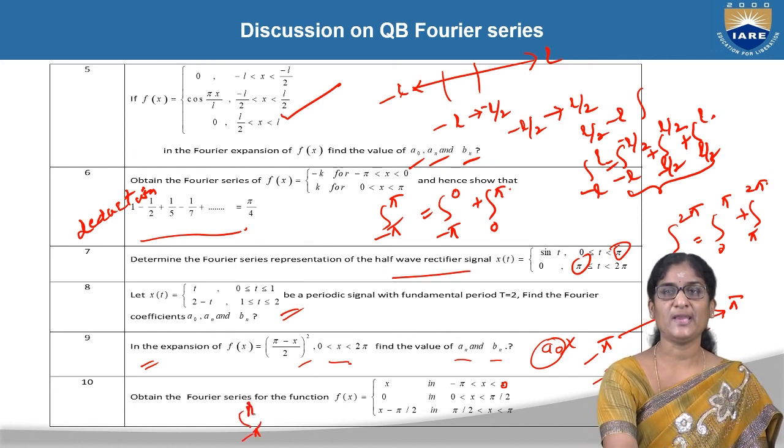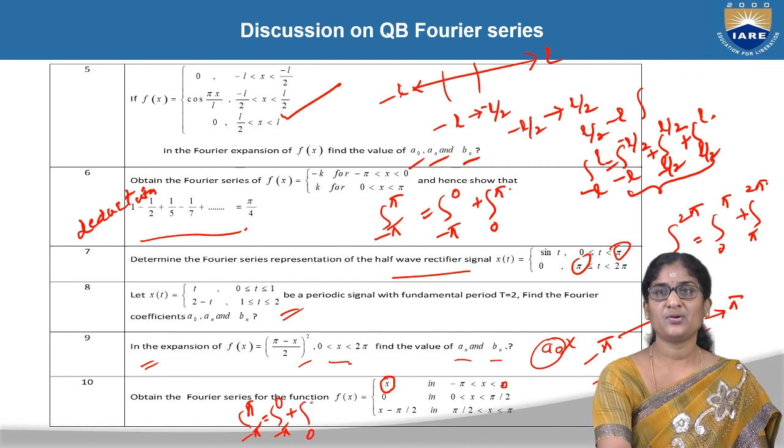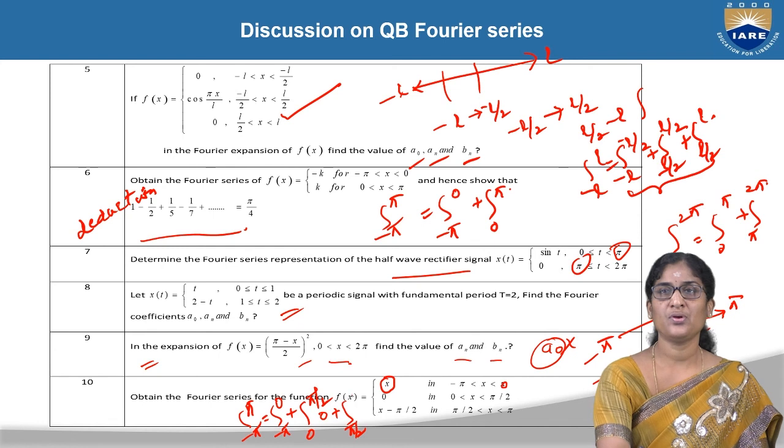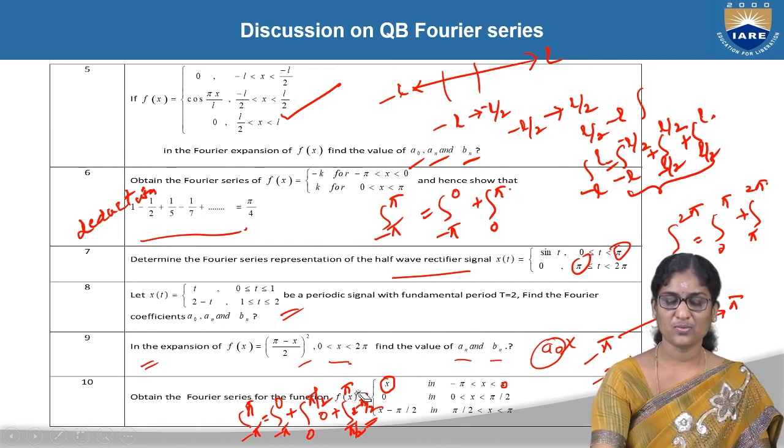Minus pi to pi has to be split into minus pi to 0, where the functional value is x, plus 0 to pi by 2, where the functional value is 0, so the second term need not be found, and the third, pi by 2 to pi, where the functional value is x minus pi by 2. This is how we can split up and find all three Fourier coefficients.